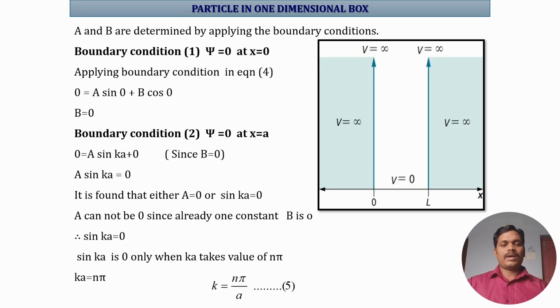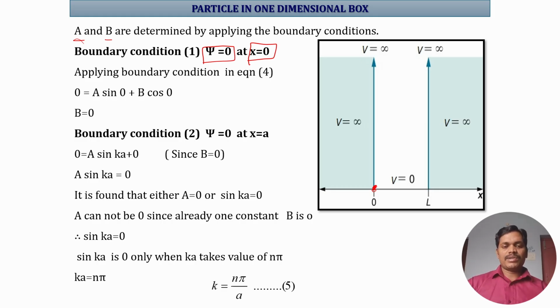Now we have to determine the A and B by applying boundary conditions. As I mentioned earlier, the first boundary condition is x is equal to 0 and psi equal to 0. Why is psi 0? See, initially the particle is here, that is, assume that it is on the left hand side of the well. If it is not moving, it will have the particle nature. So there is no wave nature since psi is the wave function. So that's why psi is 0 in the initial condition.